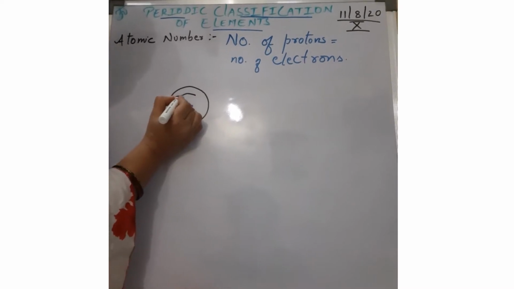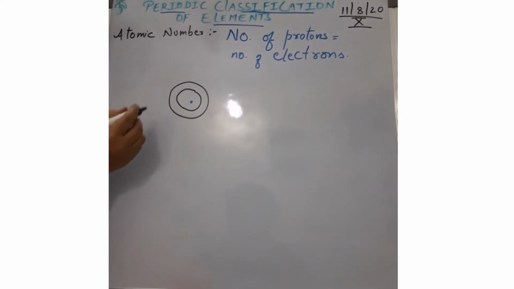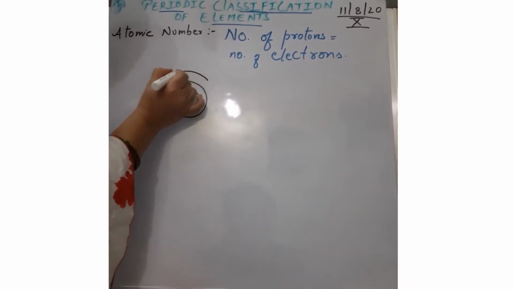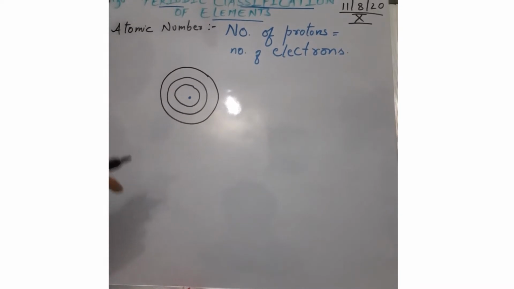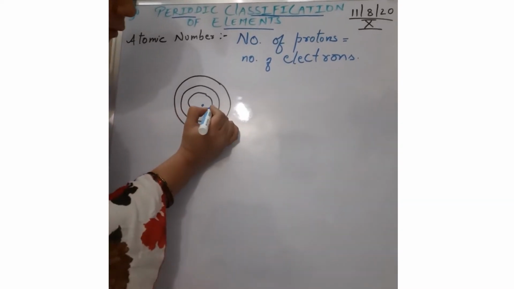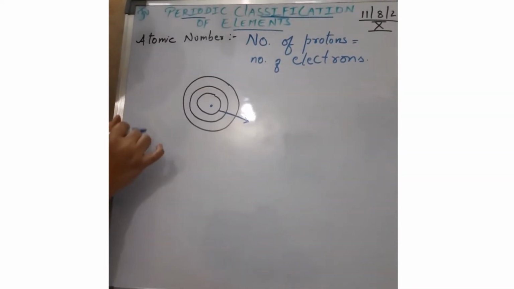These paths are called, children? Orbits, also called energy levels. Each orbit indicates that electrons will be traveling in this set particular path.